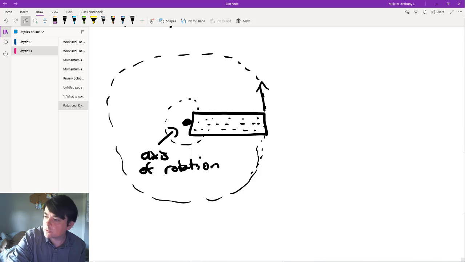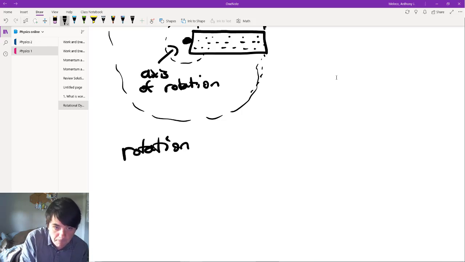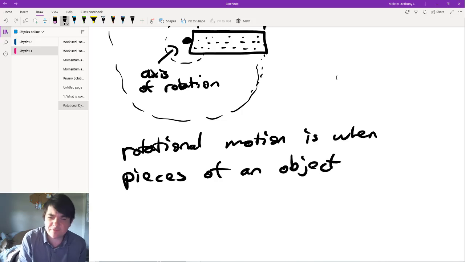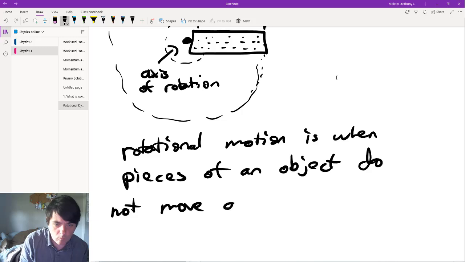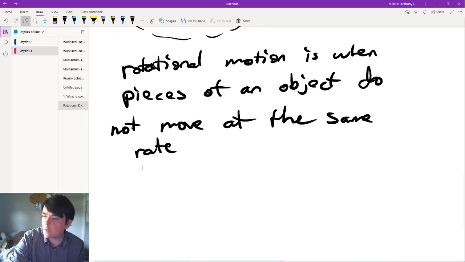So rotational motion is when pieces of an object, or different objects if you're talking about a system, do not move at the same rate.